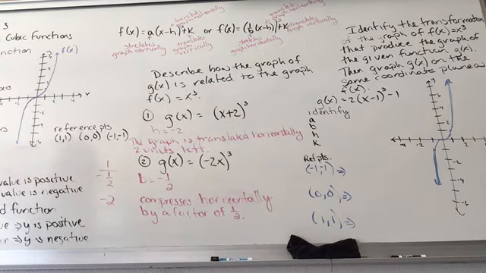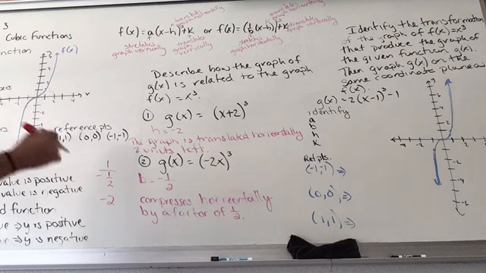Because the b value is negative, it's going to flip it. And it's not going to flip it over the x-axis. It's actually going to flip it over the y, because it's changing your x values. And if you think about it, if we go on opposite sides of the y-axis, the x values are different signs.